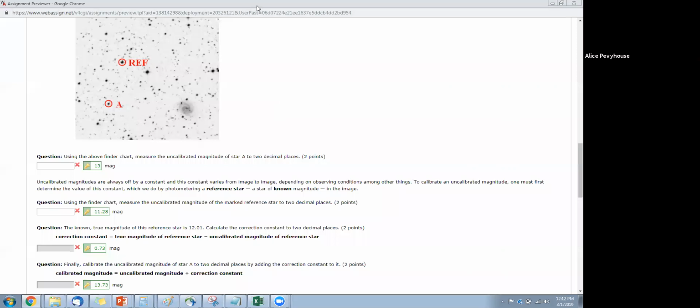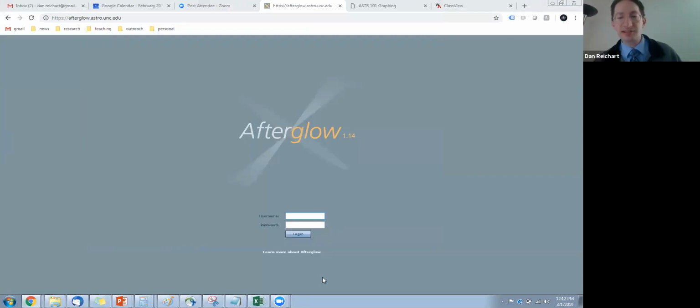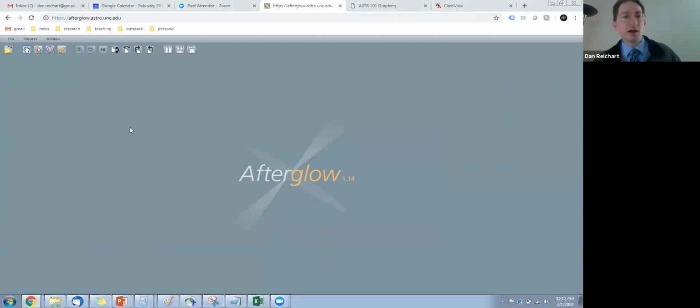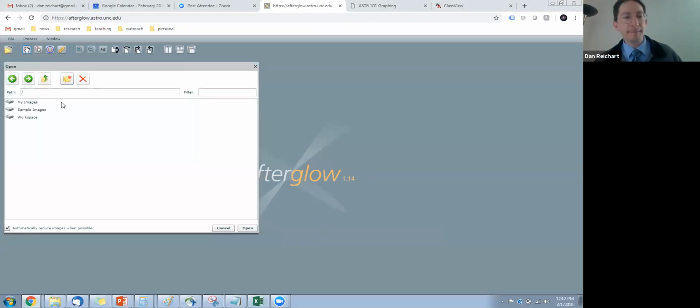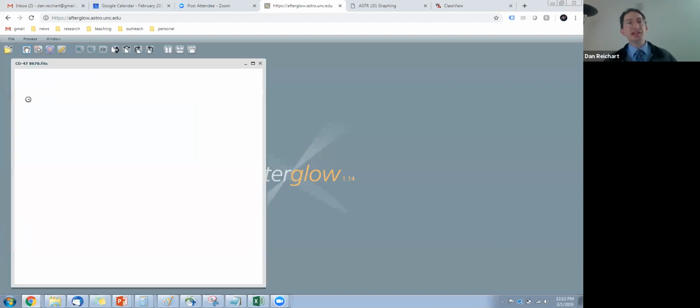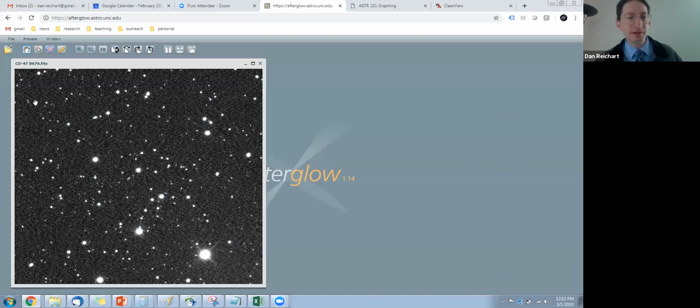Okay, let's just do this quick example. Let's open this image. Sample 101 lab, standard candle. It's in the directory CD47. This is a standard calibration field.